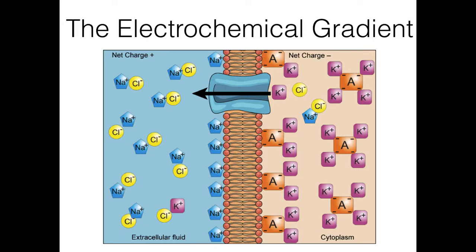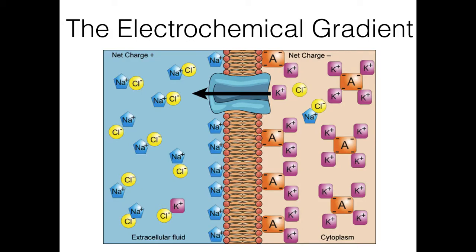An electrochemical gradient is a gradient that has both a diffusion portion, that's the chemical, and an electrical charge separation portion. So we've got all of this sodium-potassium ATPase in the cell. It has been moving all of this sodium outside the cell, and all of this potassium inside of the cell. And so there's a chemical gradient, right?